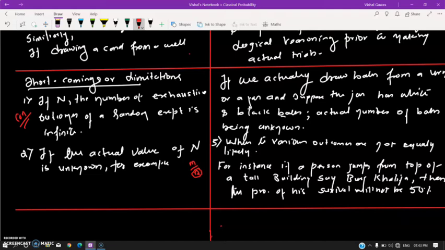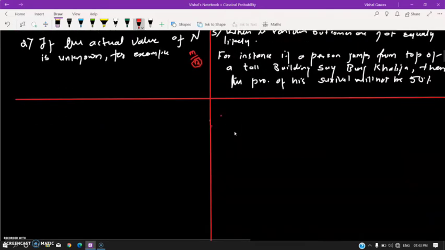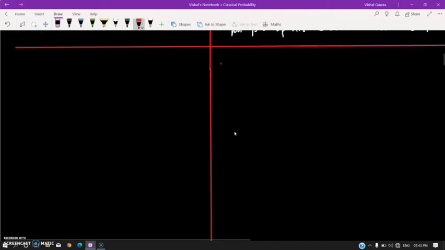So there are limitations for this kind of probability theory, but these limitations are taken care of by another way of defining probability. It is called empirical or statistical probability. Let's look at that. What do you mean by empirical or statistical probability?